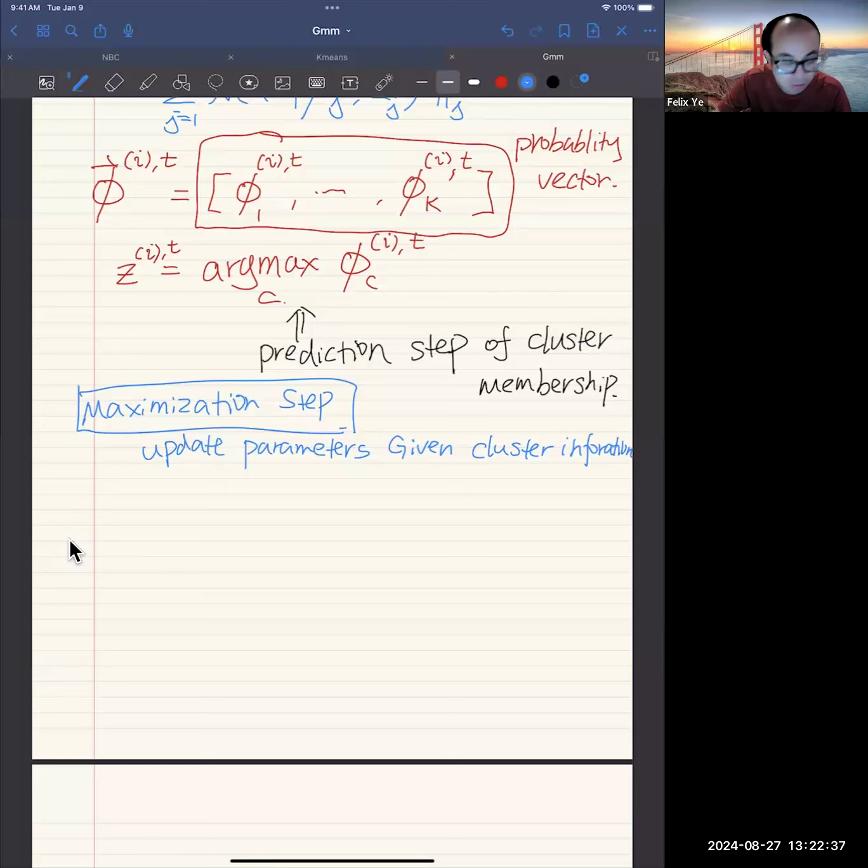Because we already know from the expectation step the cluster membership for all the points.